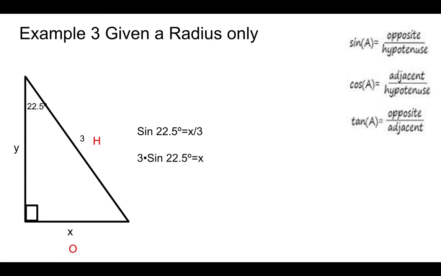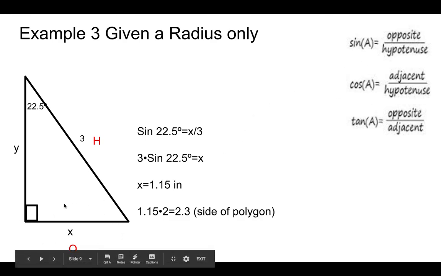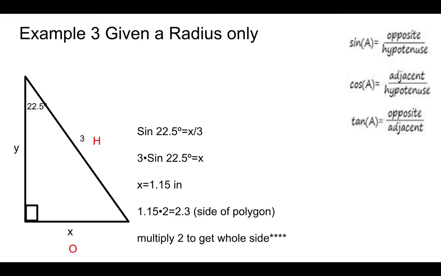Multiply by 3 on both sides, so I'm left with 3 times sine 22.5 equals x. So x equals 1.15. We've got to multiply this by 2 to get the entire side of the polygon. Remember, this is only half of that triangle in that polygon. So that will be 2.3 as the side.